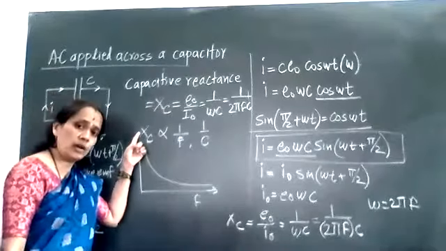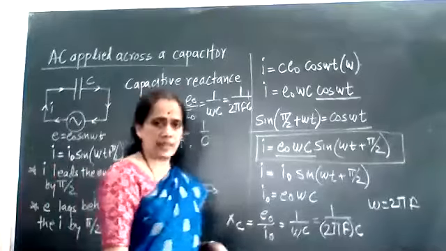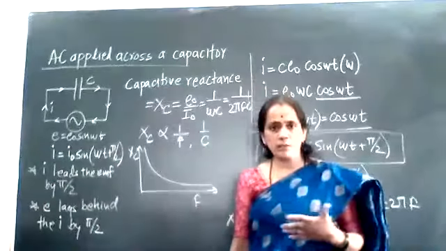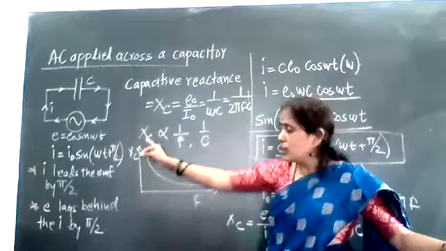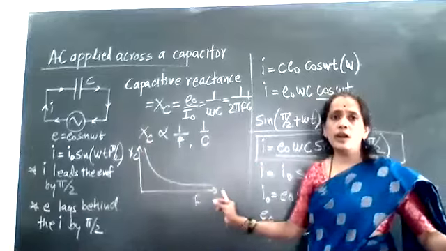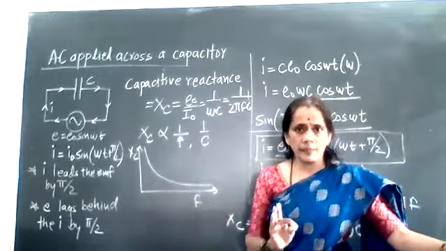Why? Because your capacitive reactance is inversely proportional to the frequency. Inversely proportional means as your frequency goes on increasing, your capacitive reactance goes on decreasing, in case of AC. Got it?